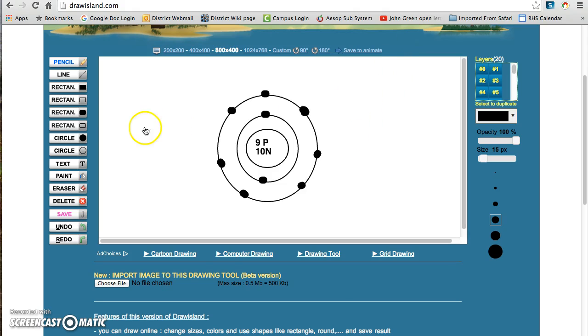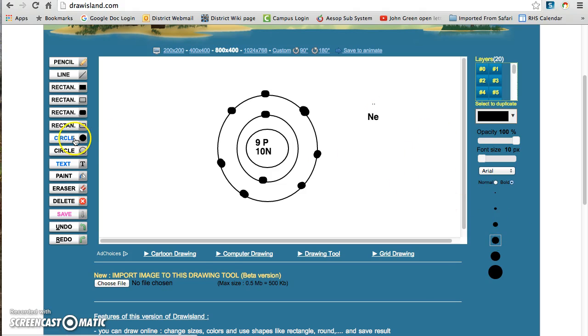I'm going to attempt to draw one here for you, if I can. So I'm going to create a text box here, and we're going to put just the symbol Ne. An electron dot diagram is sometimes also called a Lewis structure. It consists of just the symbol plus the number of valence electrons.